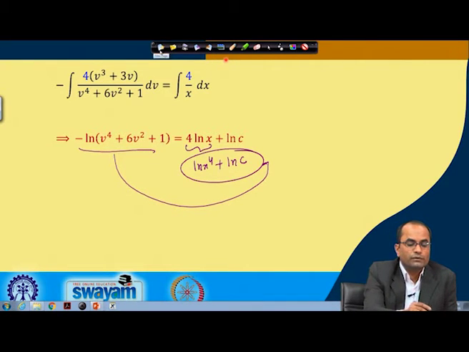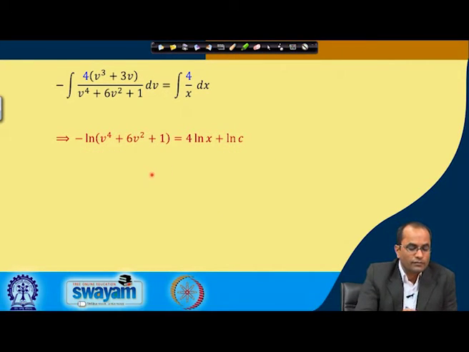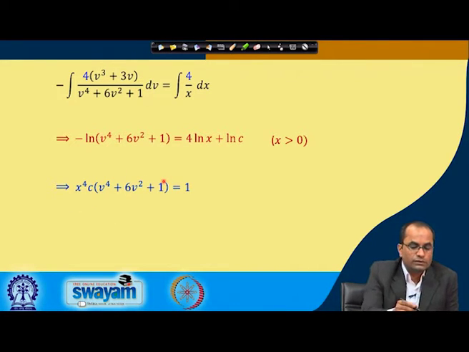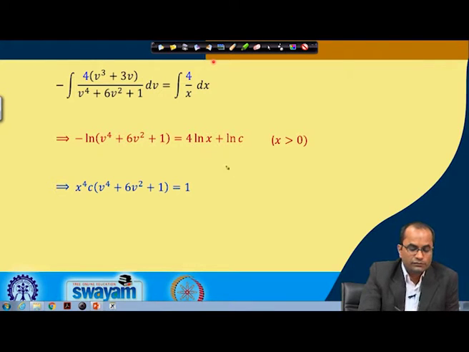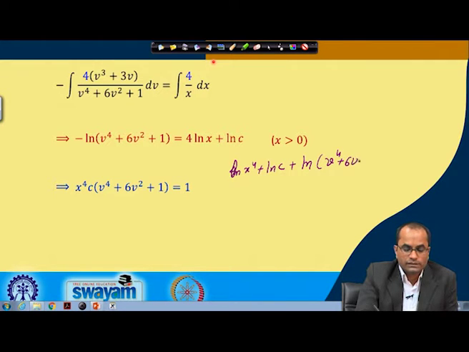We can combine all these logs. Just one step before, we get ln x to the 4 plus ln c, and also ln of v to the 4 plus 6v squared plus 1 is equal to 0.